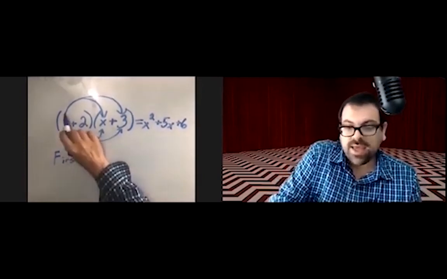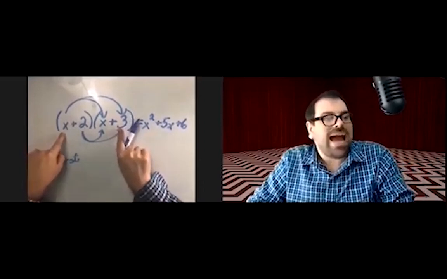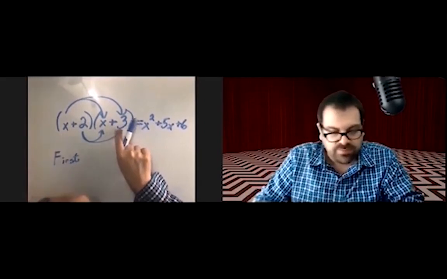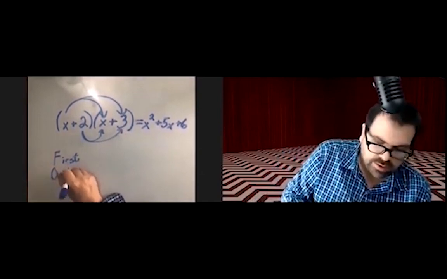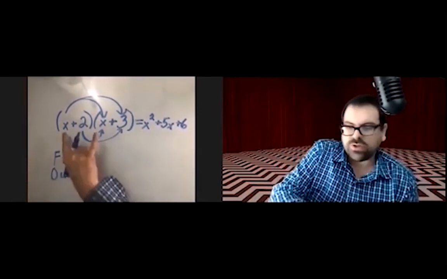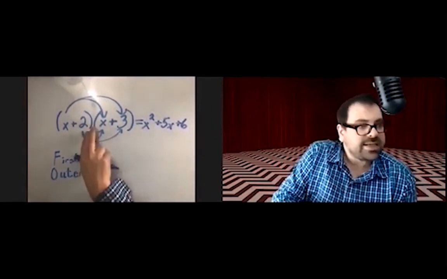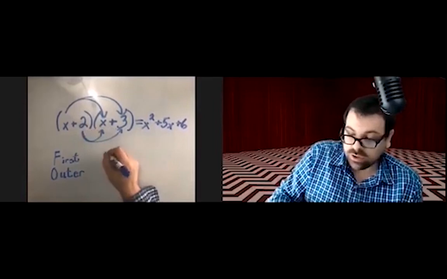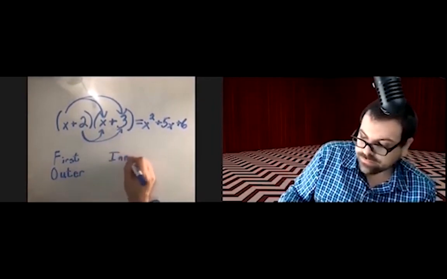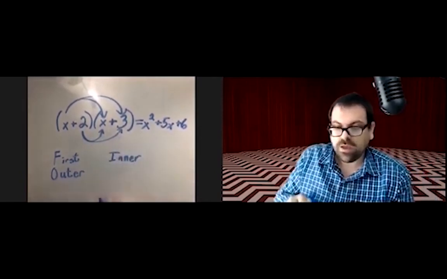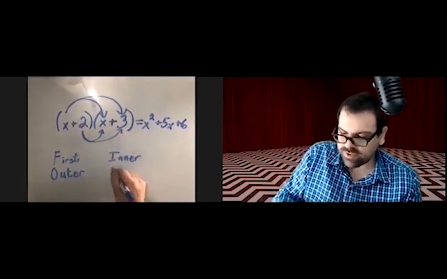And then this x times that 3, it's like multiplying the outside terms together, or the outer terms. And then we would multiply the 2 times the x. These are the inner terms. And then the 2 times the 3, these are the last terms.